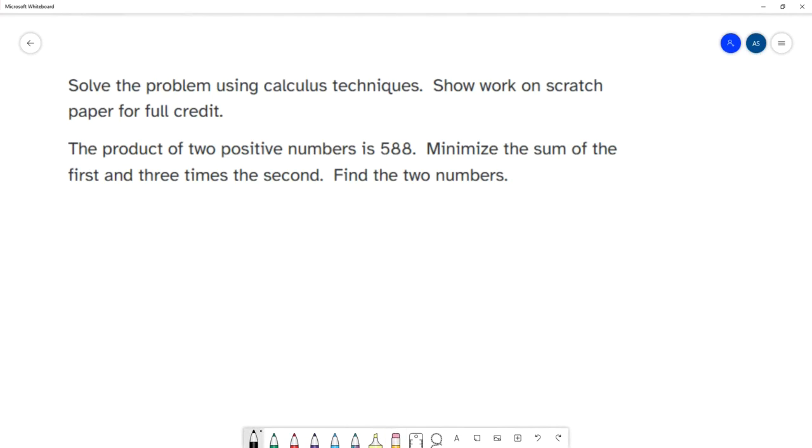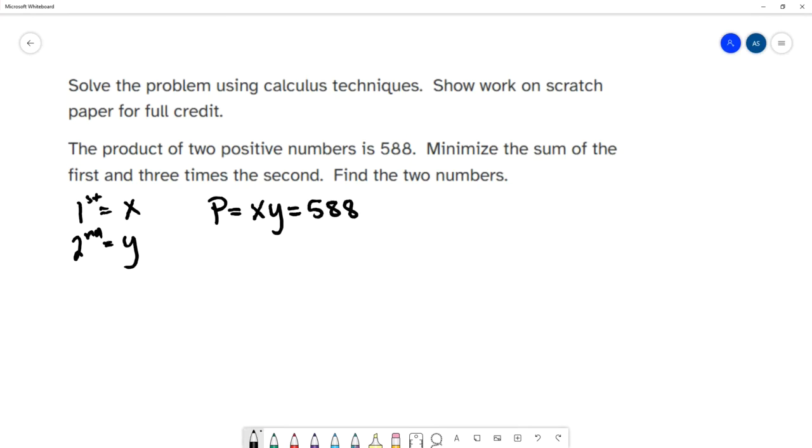So we have two numbers. I'm going to let the numbers be x and y. The first number is x and the second number is y. And we know that the product of these two numbers is equal to 588.